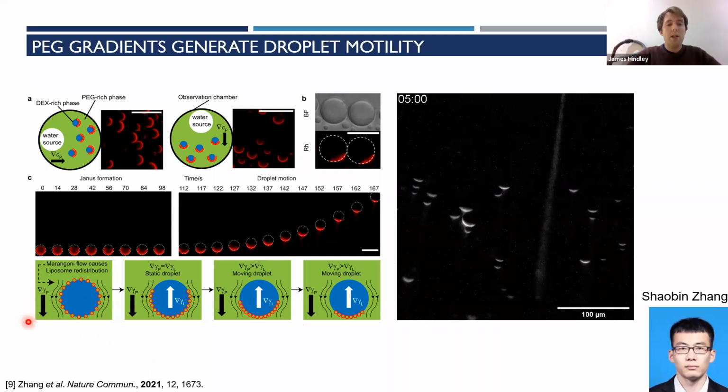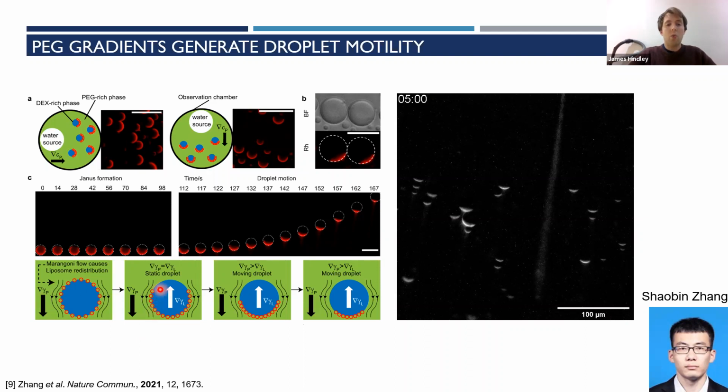And this gradient sets up a Marangoni flow, which causes the redistribution of liposomes in these stabilized droplets. As these liposomes redistribute, this exposes droplet surface area, and you actually form an opposite interfacial tension as more and more of the droplet surface area is exposed.